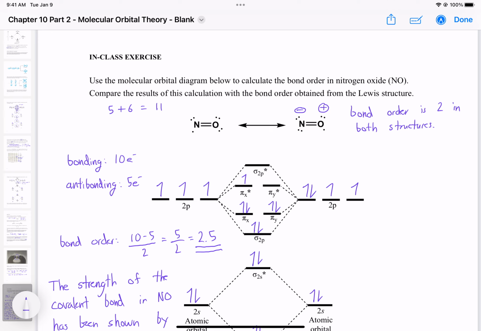And that might be due to, yeah, it's really hard to say. So maybe it's interacting with the lone pair here, because we can't write another bond physically in the molecule because that would violate the octet rule.